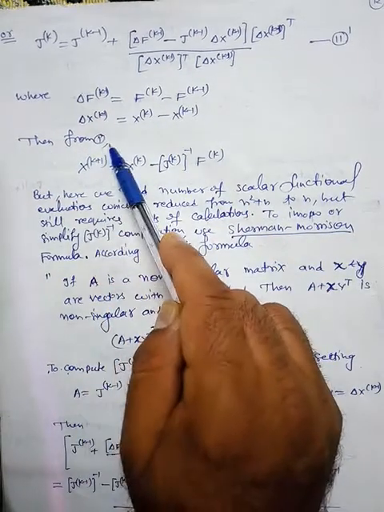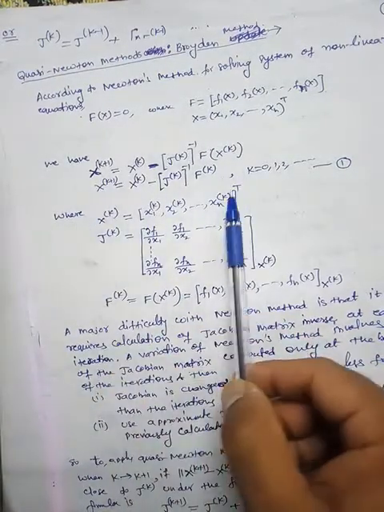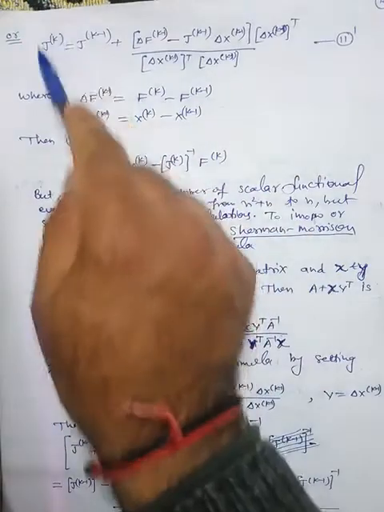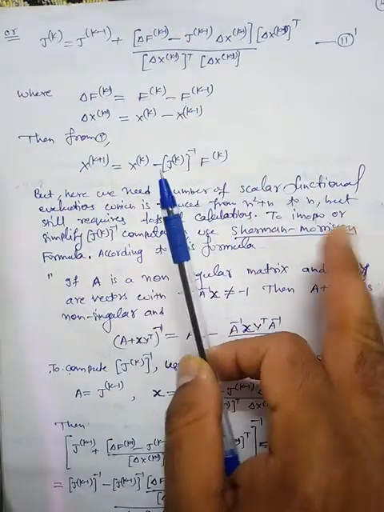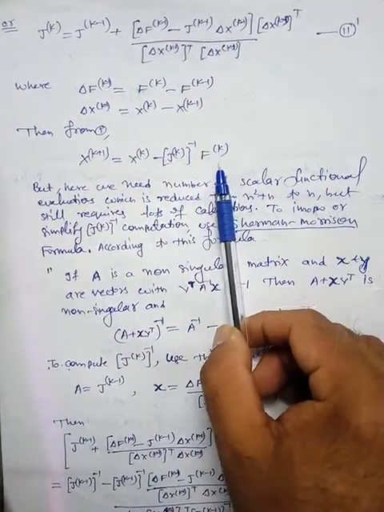Then the first equation is this equation, which is the Newton method. Here we actually need the inverse, but up to this point we have evaluated only jk, so we need jk inverse. So still the problem is the same. What should be the jk inverse? This is our equation number 1.